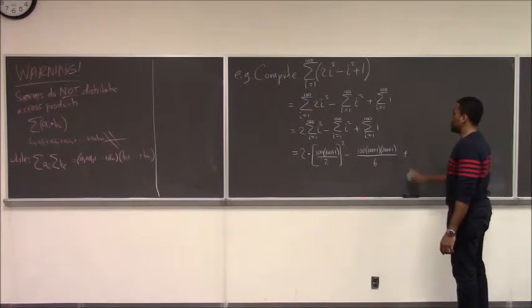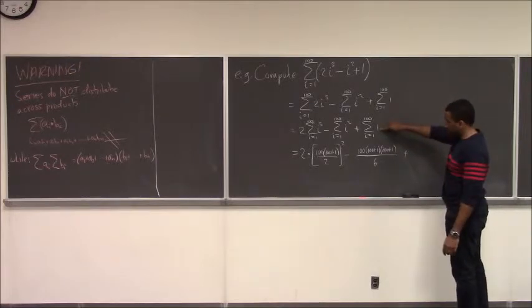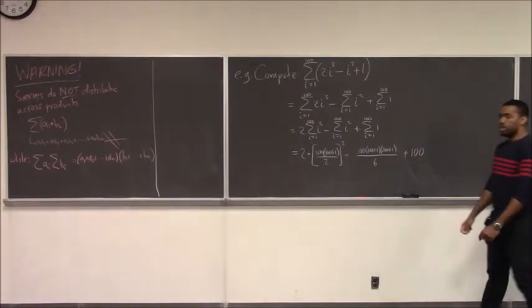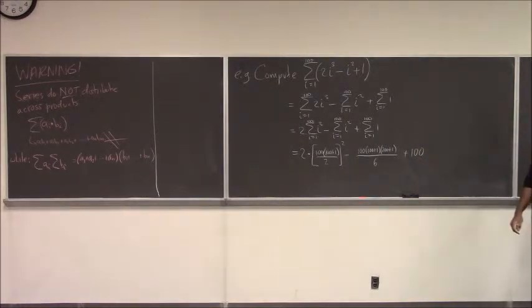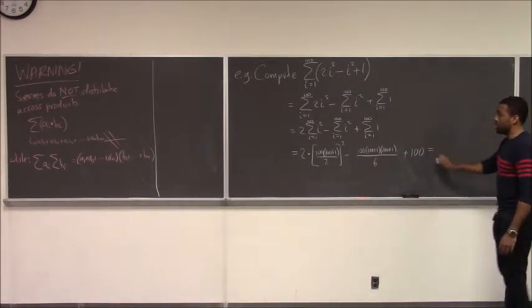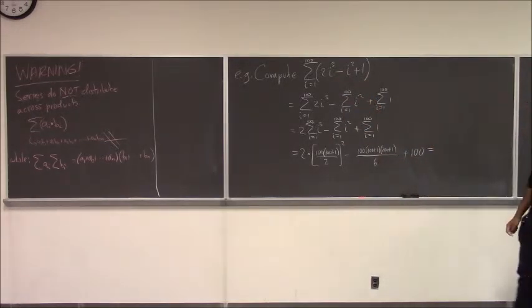And then this is just a constant, so it's just the constant times n, which is 100. If we were to add up 100 of these expressions, this is what you would end up with as the result.